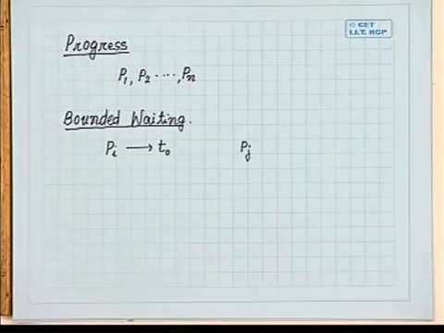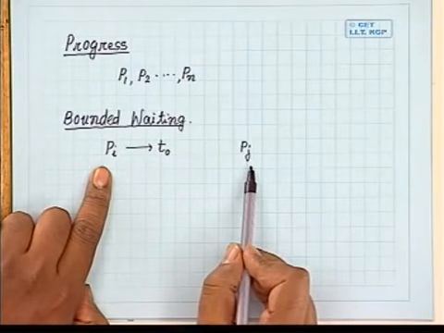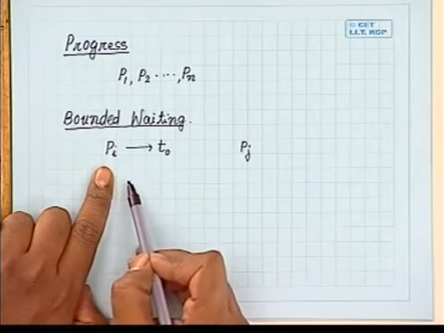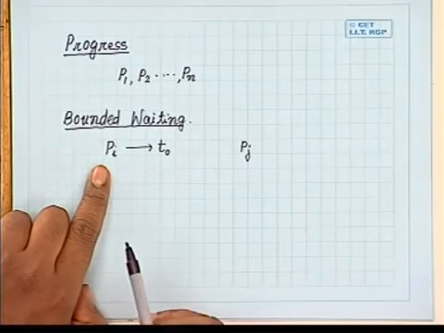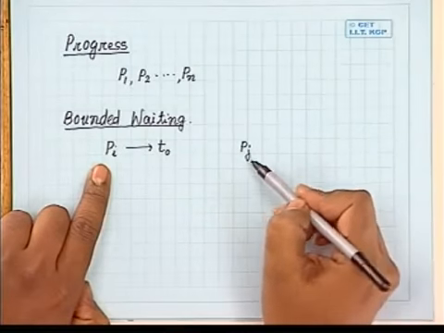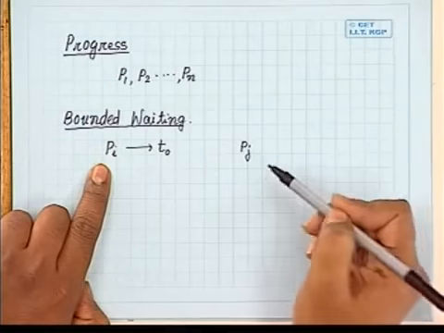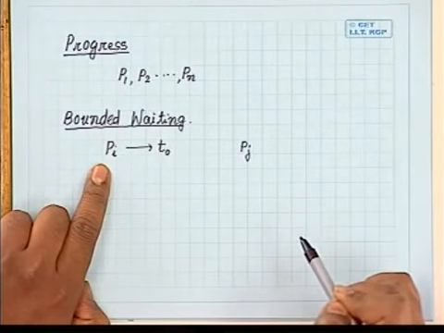And it may so happen that now there is a competition between Pi and Pj. Pi has put a request to enter the critical section. It could not enter immediately because Pj was executing in the critical section. Pj has come out of the critical section, and immediately after coming out, it has again put a request for entering the critical section.